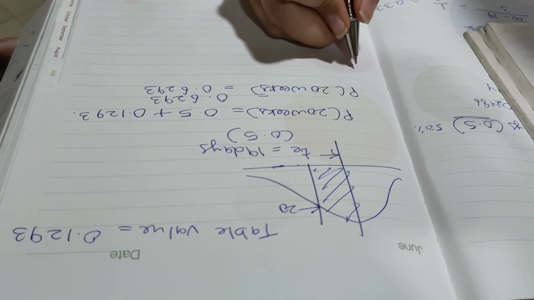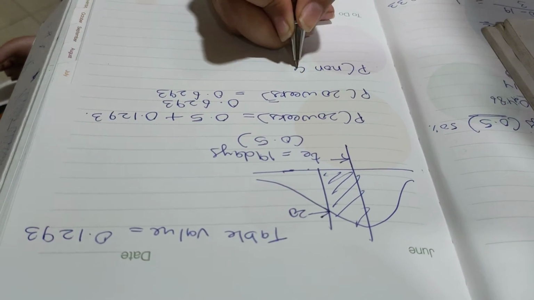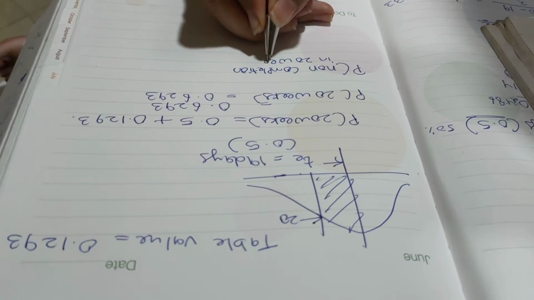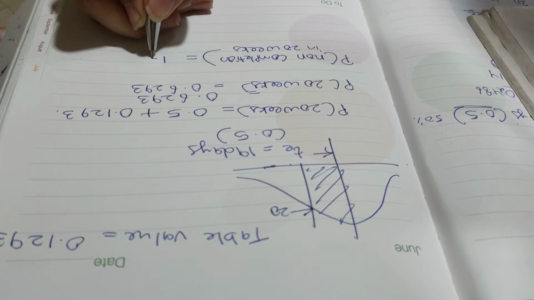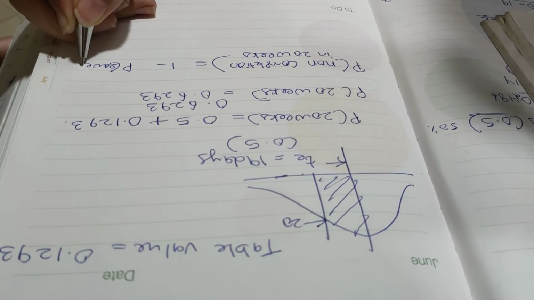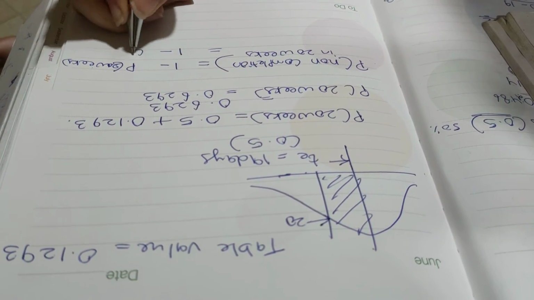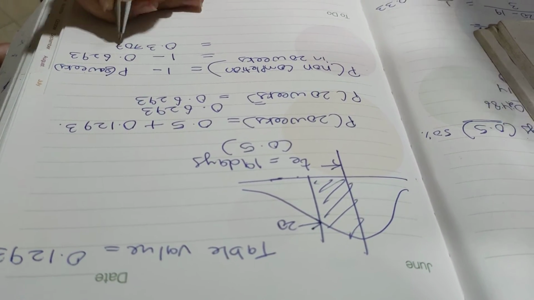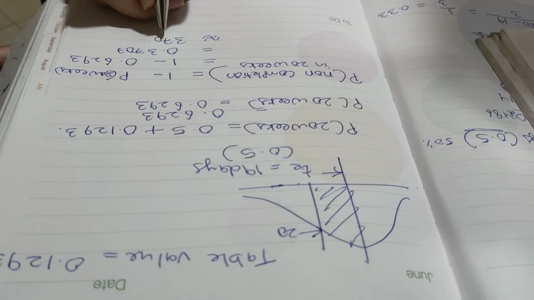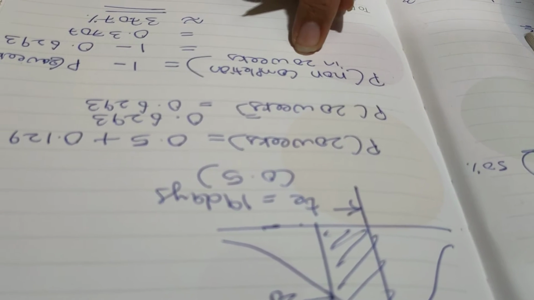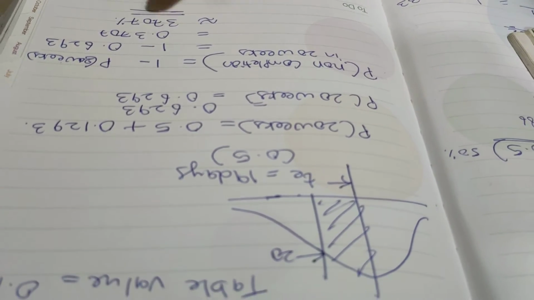We will subtract it from 1, that is probability of non-completion in 20 weeks is equal to 1 minus probability of 20 weeks, which is equal to 1 minus 0.6293. That comes out to be 0.3707, that is equal to 37.07%. My probability that the project will not be completed in 20 weeks is 37.07%.